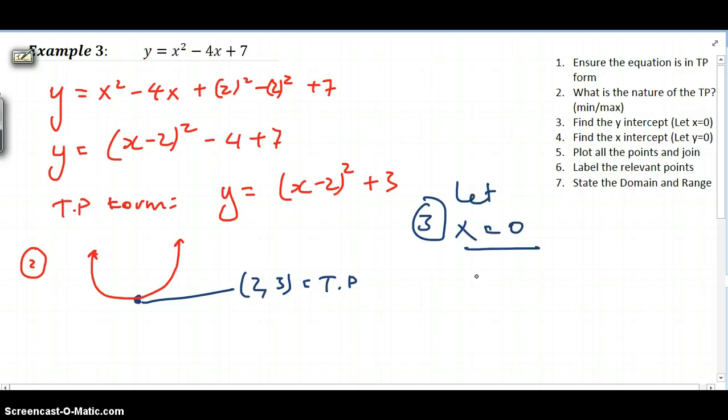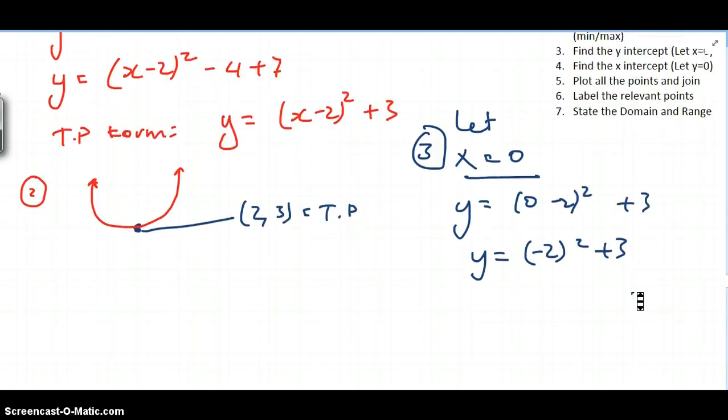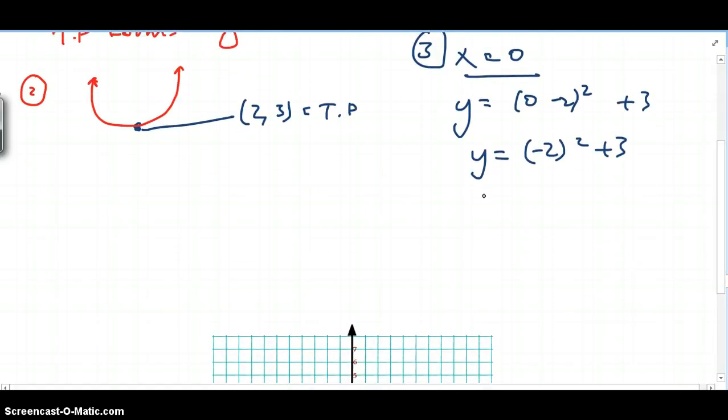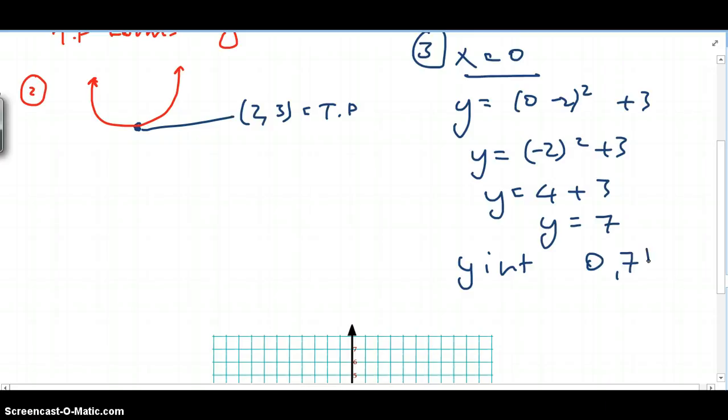And if we let x equal 0, what we end up getting is y equals (0 minus 2) squared plus 3. And so from here, what we end up getting is y equals 4 plus 3. Therefore, y is equal to 7. So therefore, the y-intercept is at (0, 7). That's the second point that we have.